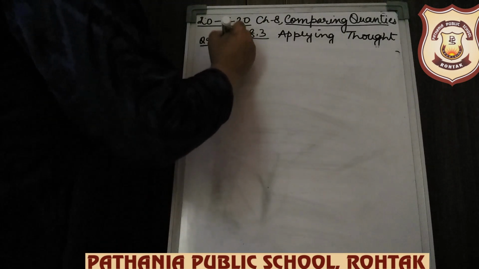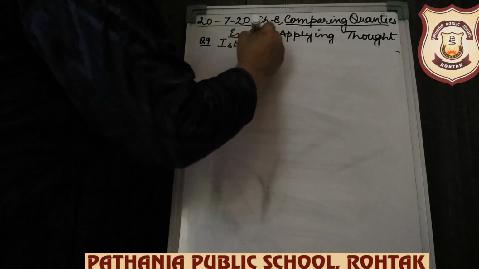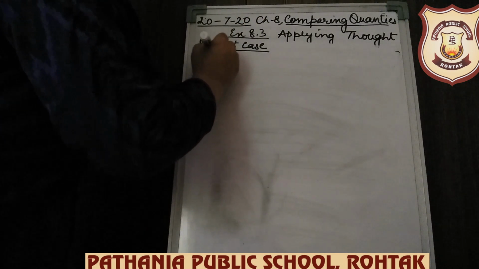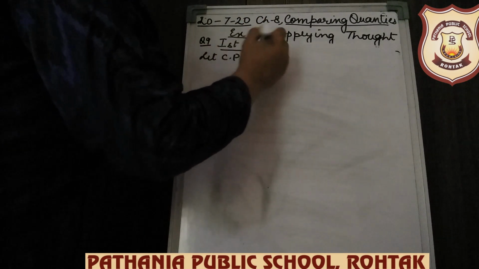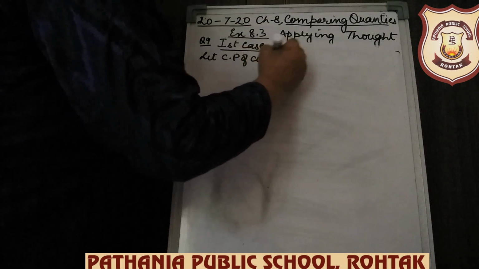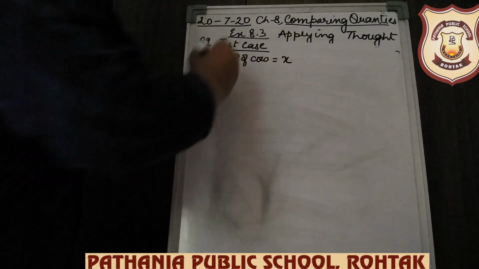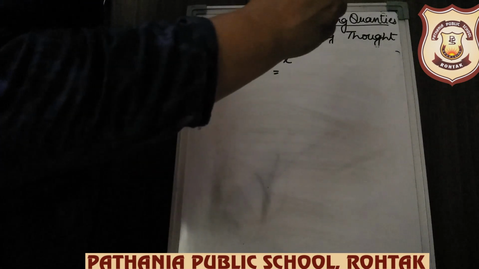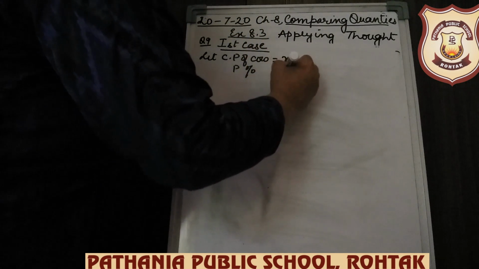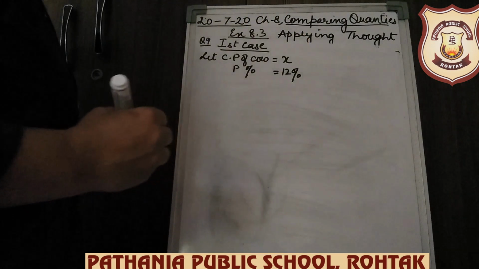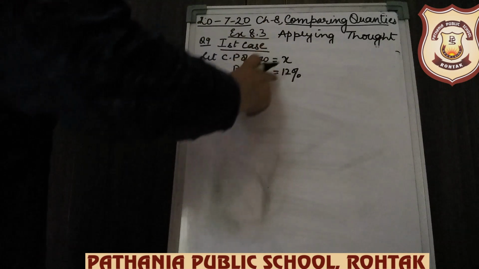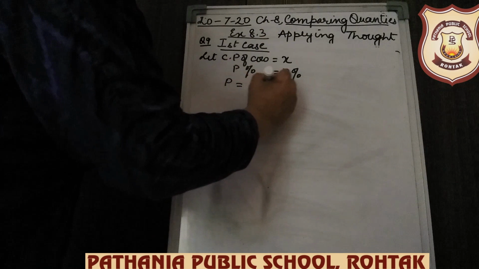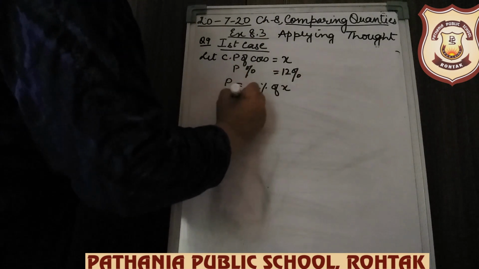So we'll write first case. Let CP of cow is equal to X. First case, I am taking the profit percent, which is your 12%. Okay, this is the first case when the profit is 12%. Then calculate the profit. 12% of X, that is CP.